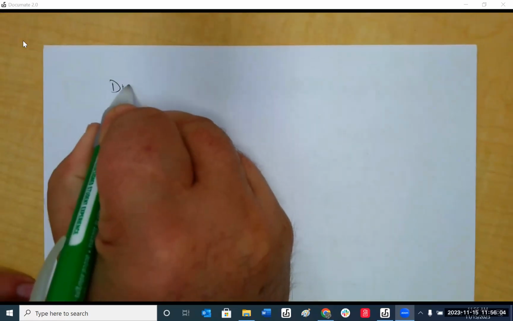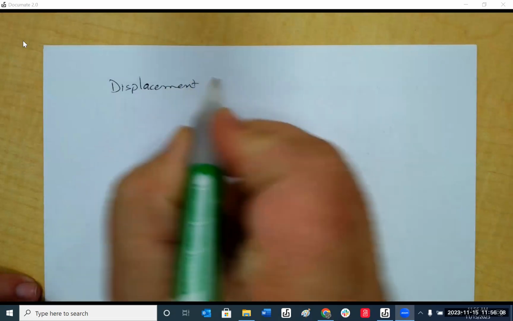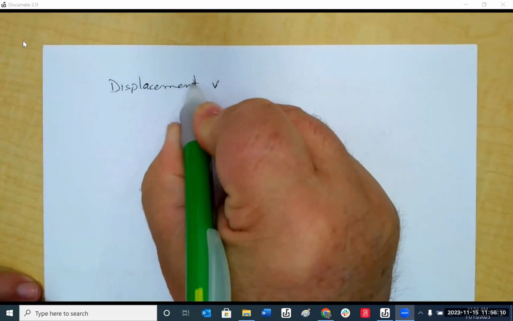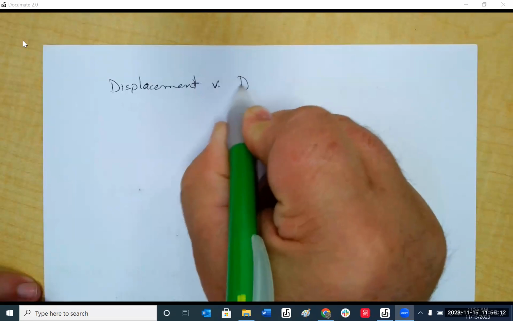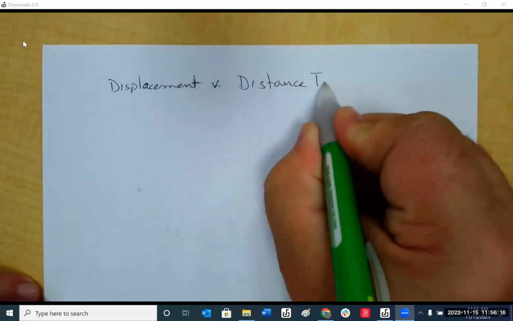All right, the next topic of this first section is the displacement versus the distance traveled.